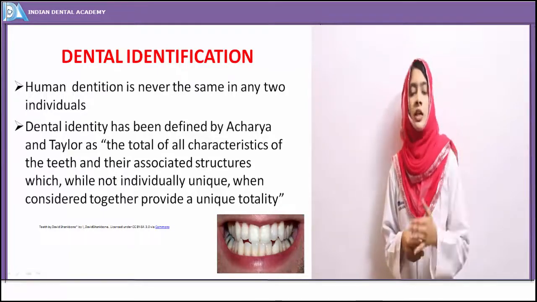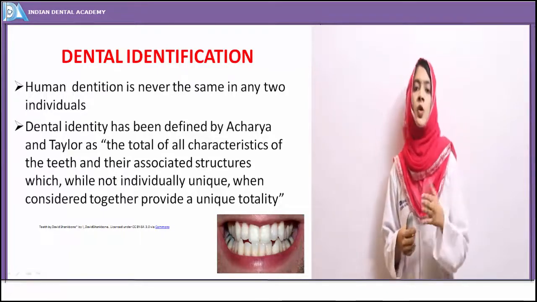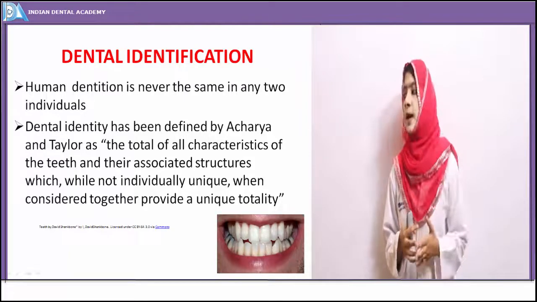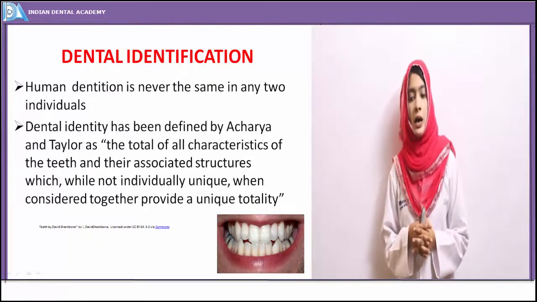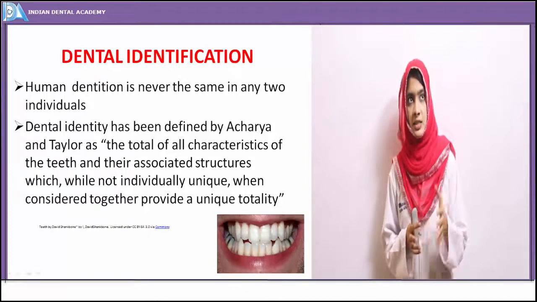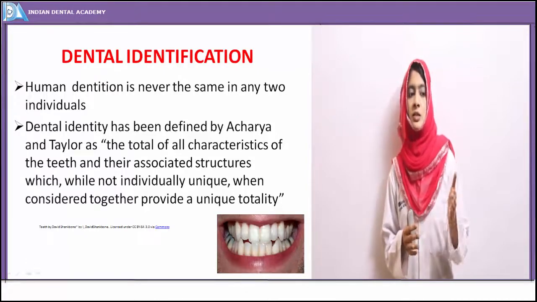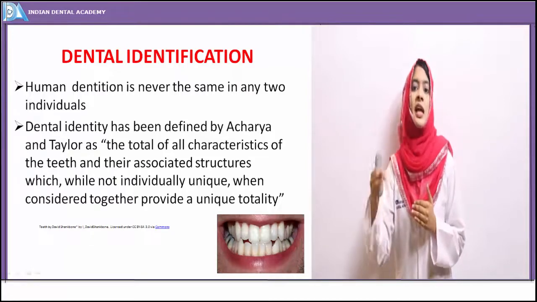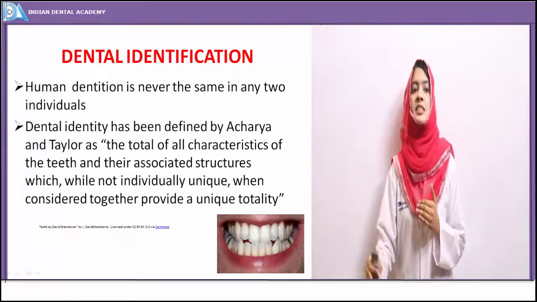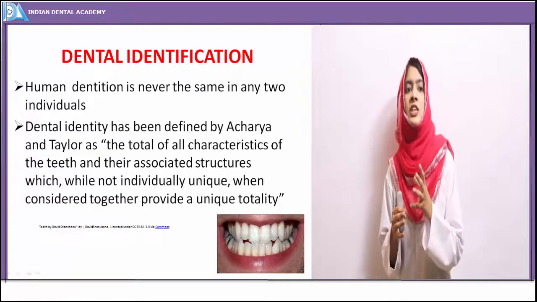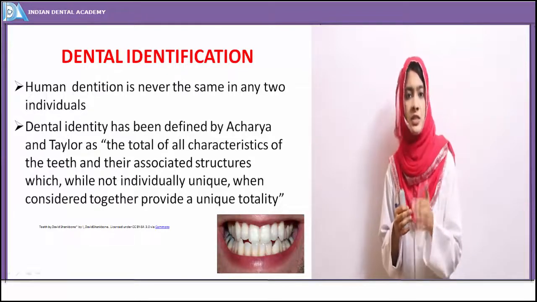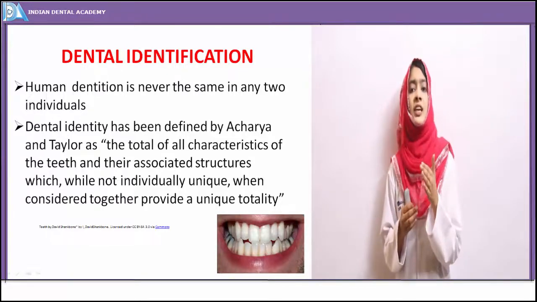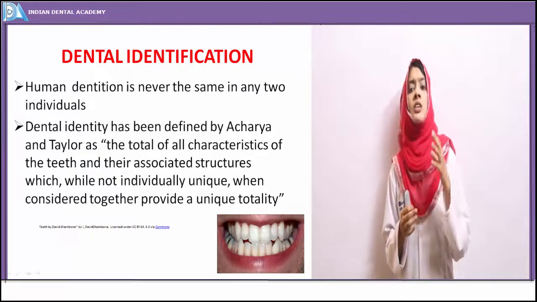Okay, so coming to dental identification, there are two forms. One is comparative dental identification. How do you identify that this is a particular individual? Suppose the family members have some previous dental records, any x-rays or casts, any dental charts or prescriptions present at home, indicating whatever treatment he has gone through.